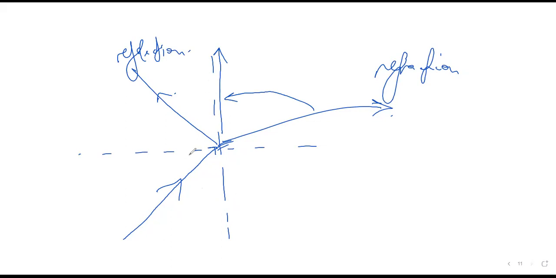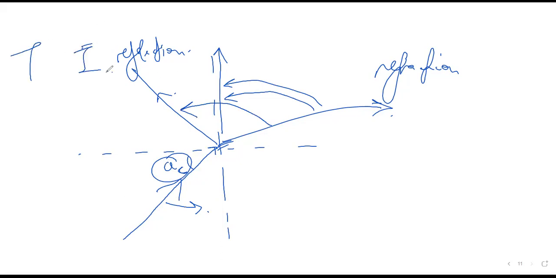This is my boundary normal. The angle of incidence that gives this is the critical angle, when the refracted ray arrives at 90 degrees. Then if the angle of incidence is increased further, we have total internal reflection.